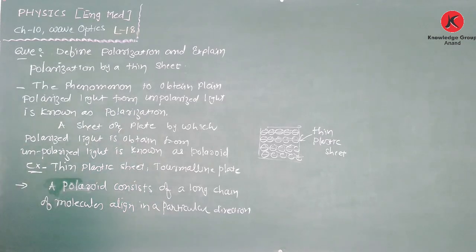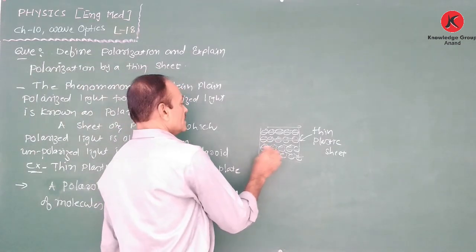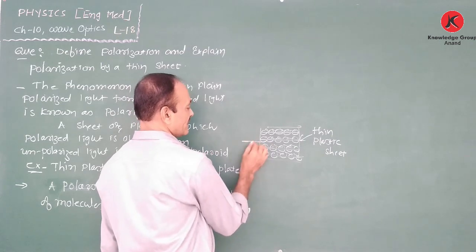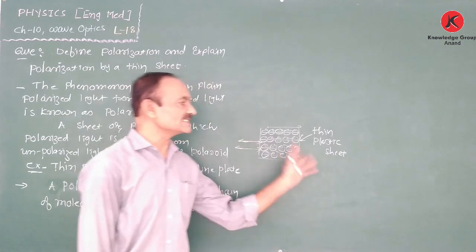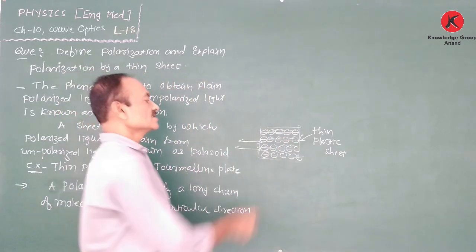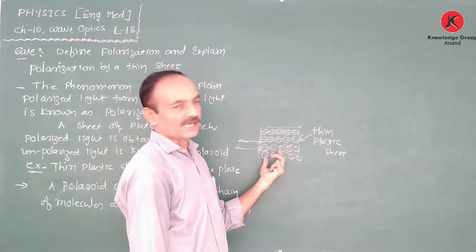When the electric field vector oscillating along this direction is incident on this plastic sheet, the electric field vector is absorbed by the plastic sheet.